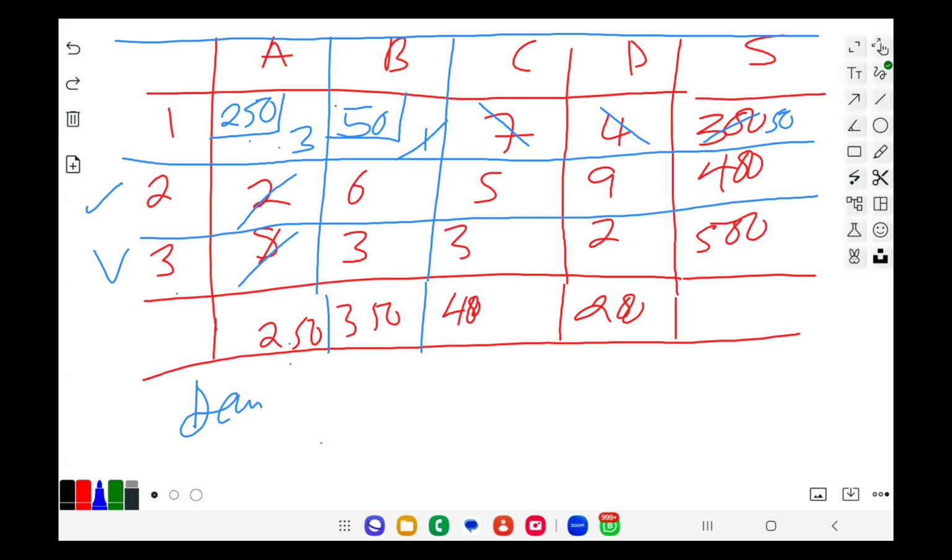Now this 300 he can supply to A, B, C, or D. Out of the total 300, he has already supplied 250 to A, which means the remainder he has to supply to the next person, B. And at that point, he has finished supplying everything he had. That's why we canceled the entire row. This supplier is done supplying. He had a total of 300 to supply, and everything has been supplied. Okay?